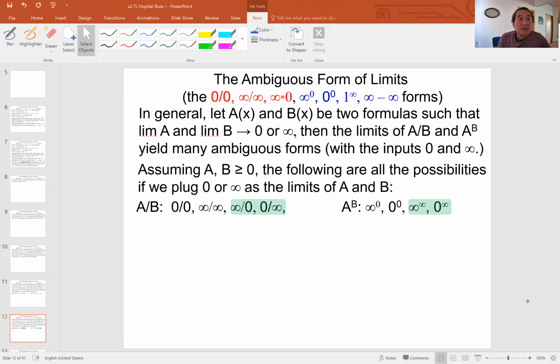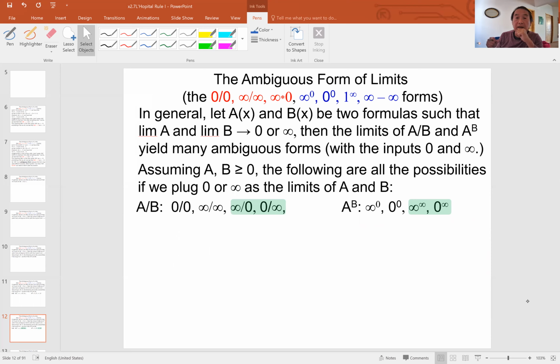Where do we get ambiguous forms from? Again, we get ambiguous forms from divisions, numerators and denominators, and taking exponents. And when do we get into ambiguous situations? Well, when both the top and bottom of the fraction go to 0, or when the top and bottom both go to infinity, they get bigger and bigger, both parts.